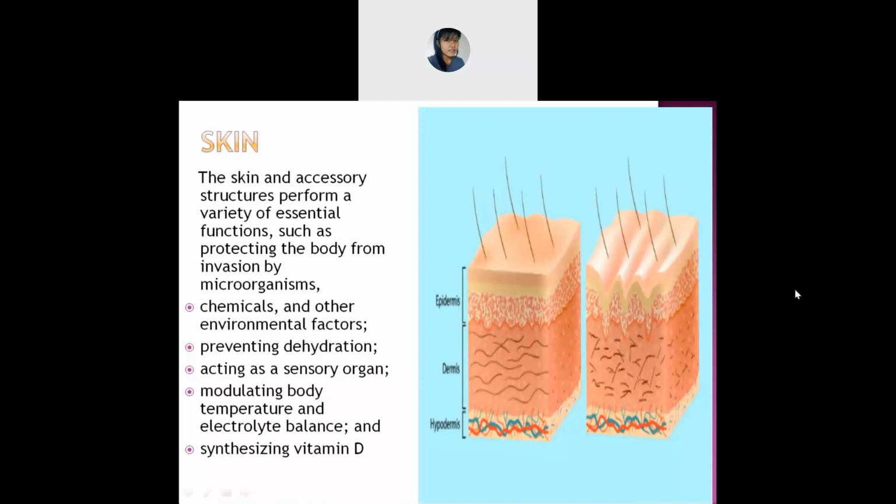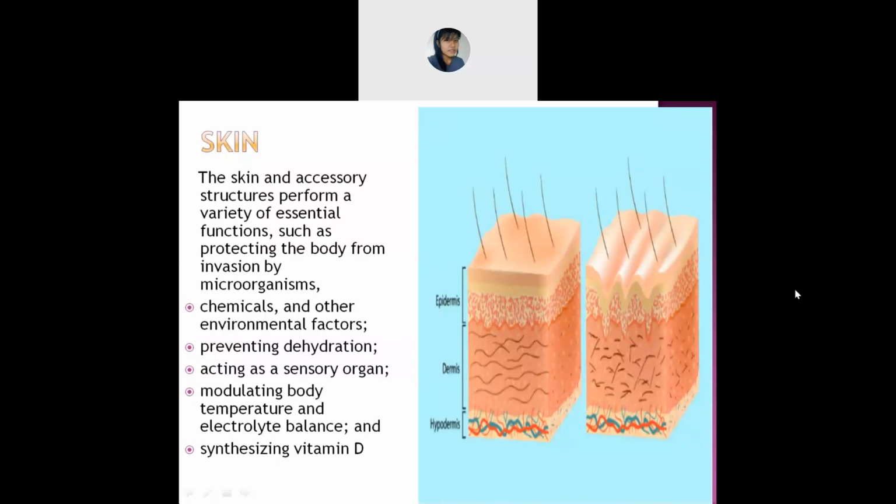Protection from chemicals and other environmental factors such as air pollution like petrol, diesel, and smoke, which you inhale every day. If you're staying in the city, you have to overcome all those. In all those forms, the skin helps.